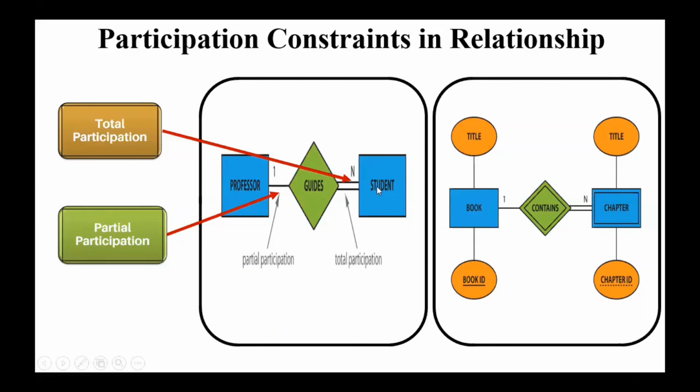Yes. So the student side becomes total participation. Another example is book and chapter. Every chapter will be in a book, but it is not necessary that every book is organized into chapters. Some books can be just serial with all the contents. So this is your participation constraint.